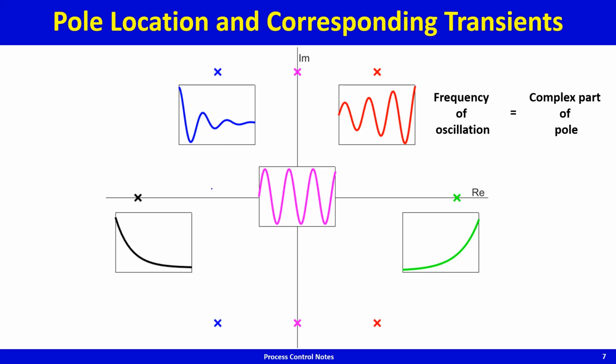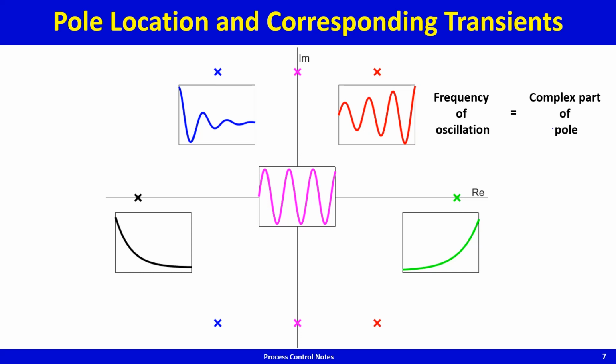If you have complex conjugate root pair in the right half plane, that's the red, these guys, the transient corresponding to this pair is going to be oscillations that blow up in time, and this is what we don't want. Okay. In all of these oscillatory responses, the frequency of the oscillation is the complex part of the pole or the characteristic equation root.